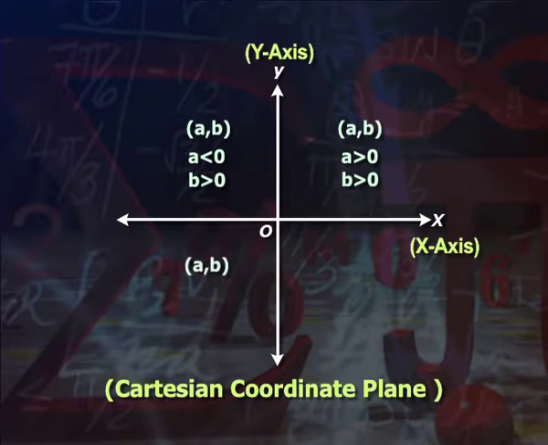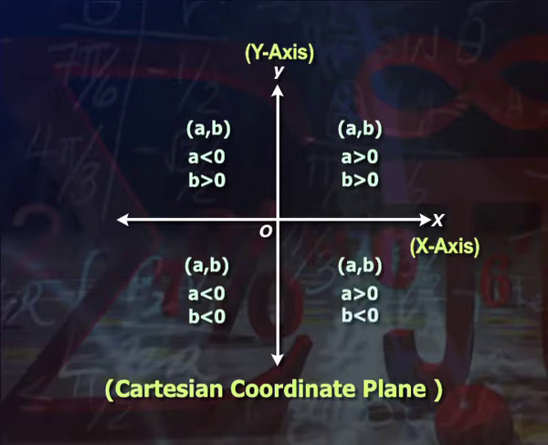The third quadrant consists of ordered pairs (a, b), where both the coordinates a and b are negative, and the fourth quadrant consists of ordered pairs (a, b), where the first coordinate a is positive and the second coordinate b is negative. Now, we move on to a relation.